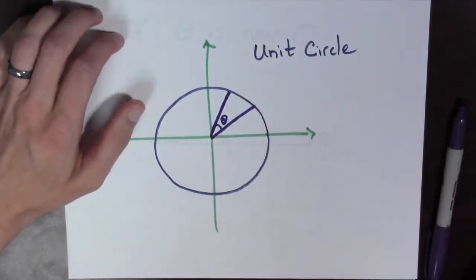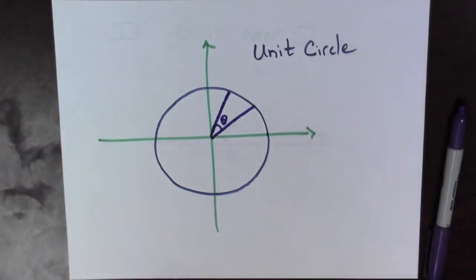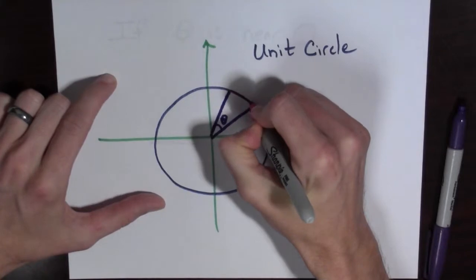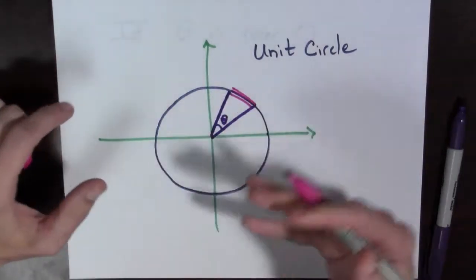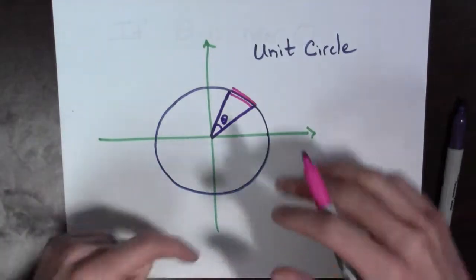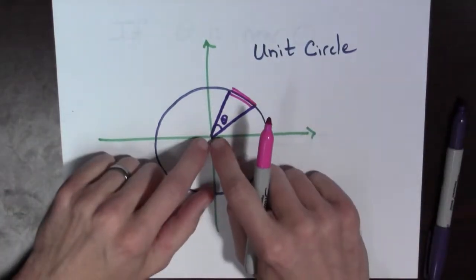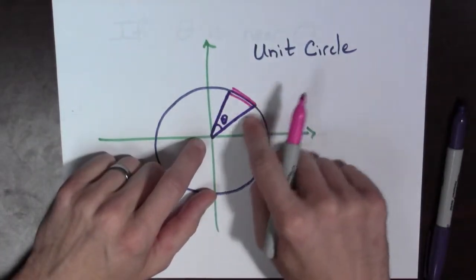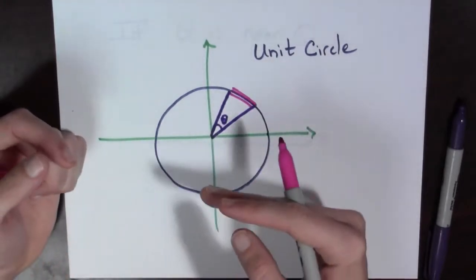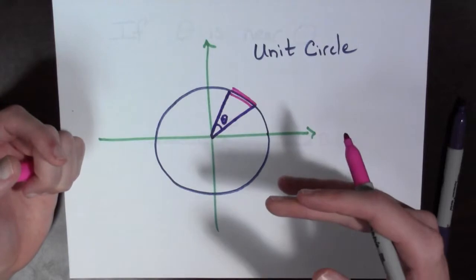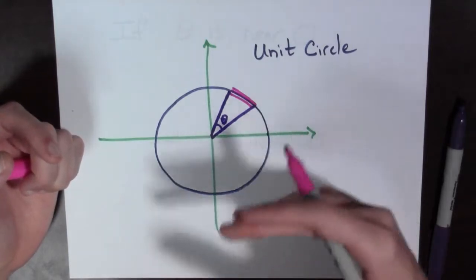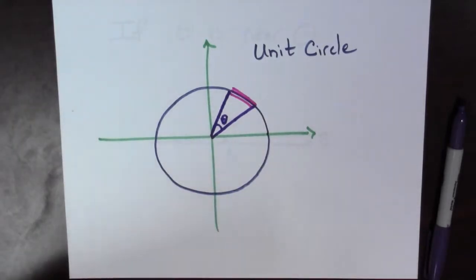Well, if this is a unit circle, then the radian measure of theta is exactly this arc length here. That's what a radian is. You take a unit circle, you put your angle in the center of the circle, and you see what arc length is defined by that angle, and that tells you its radian measure.